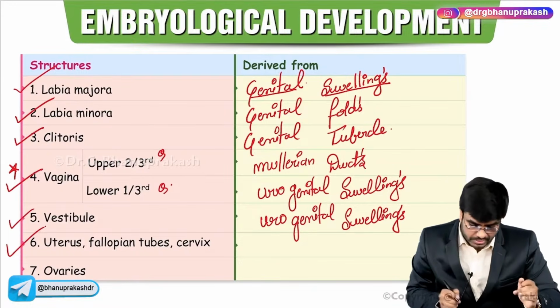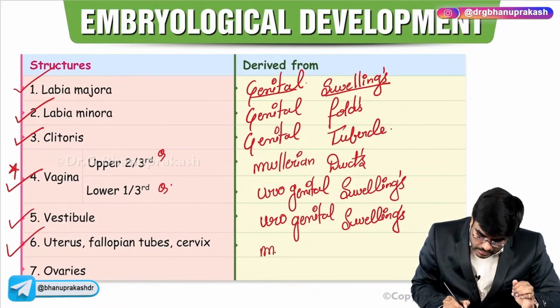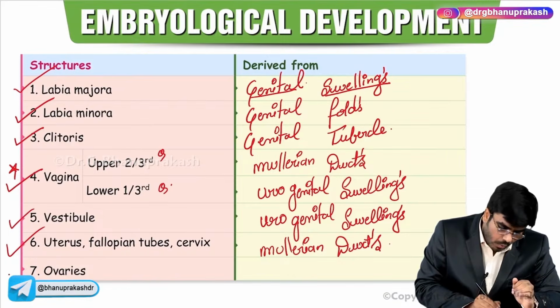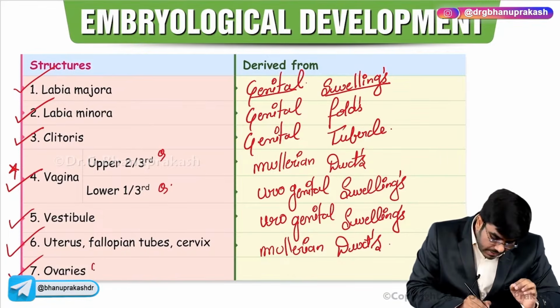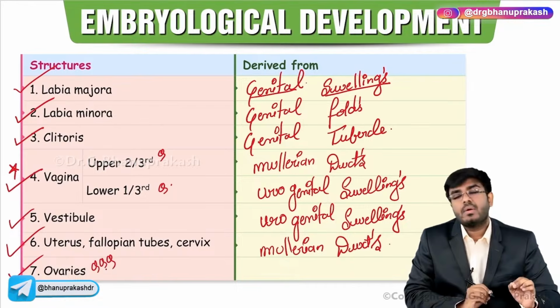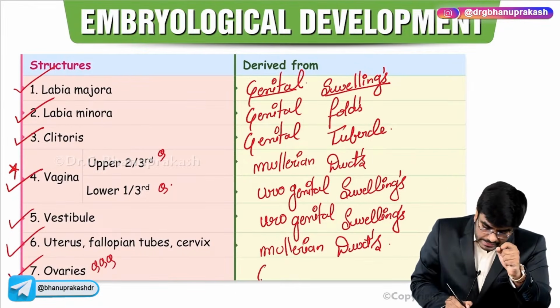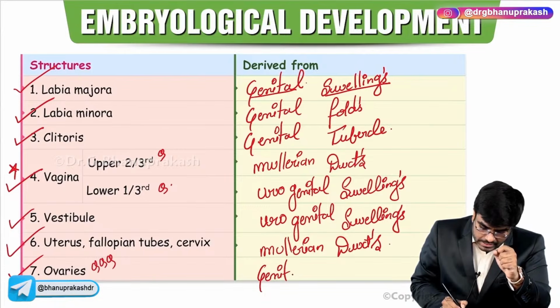Mainly these three structures have derived from again Mullerian ducts. Okay, now what about the ovaries? See, this is something very important. Why, I will say later. Ovaries are derived from genital ridge.